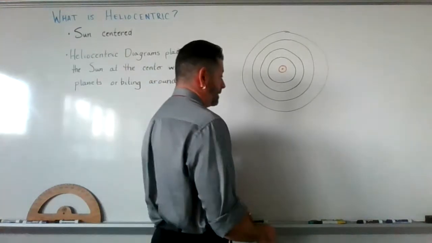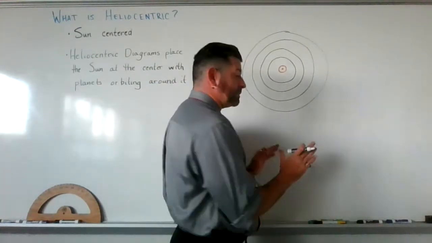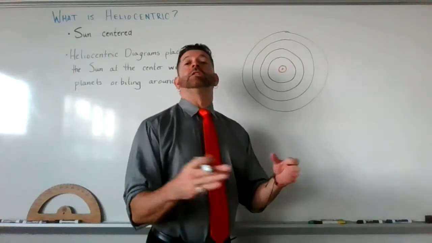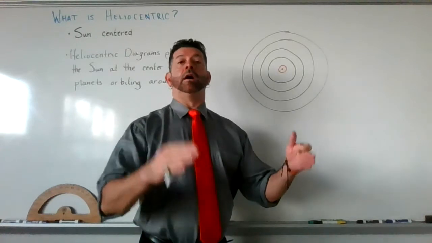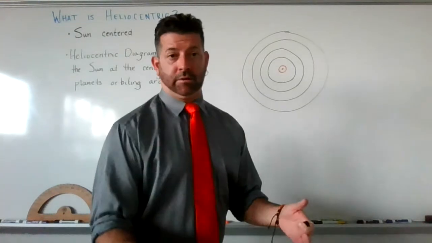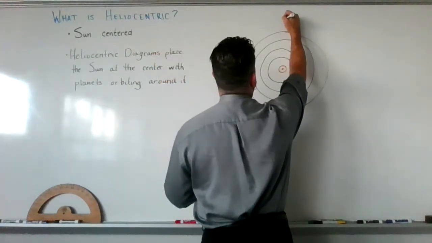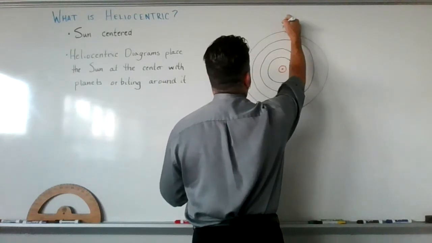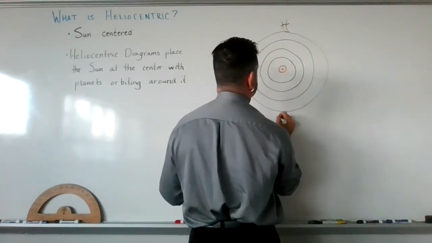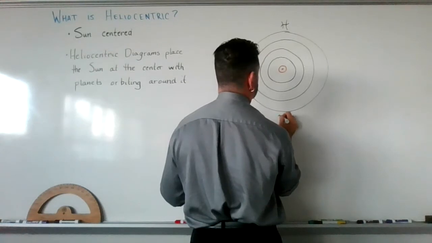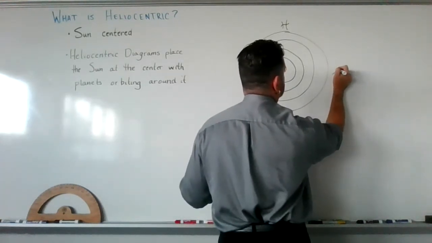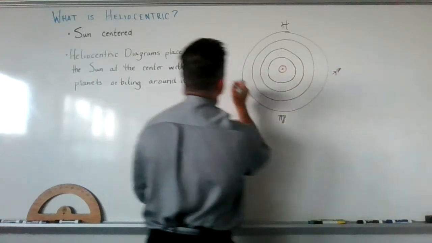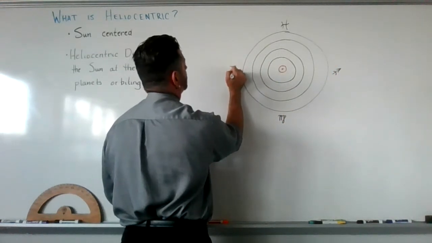Then we go back, and we're going to put in the zodiac, the ecliptic, the constellations that the sun appears in front of throughout the year. So start up here with Pisces, and then 180 degrees opposite that, Virgo, and then Sagittarius, and Gemini.